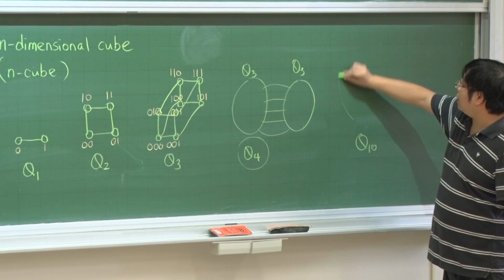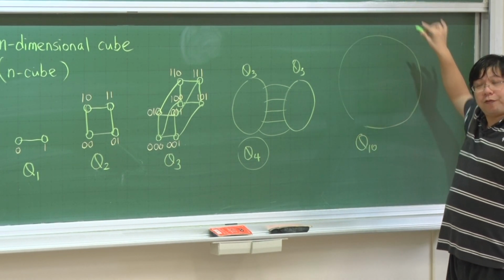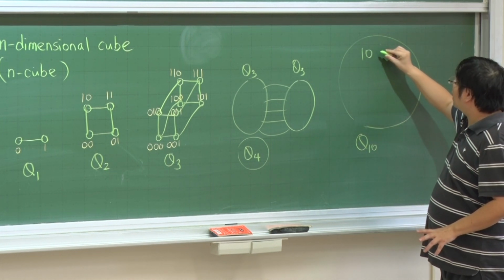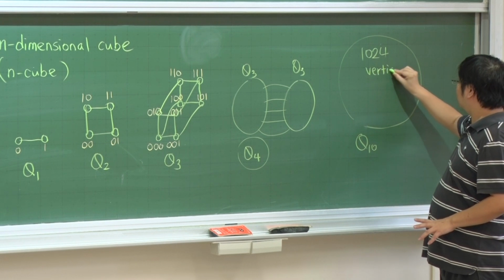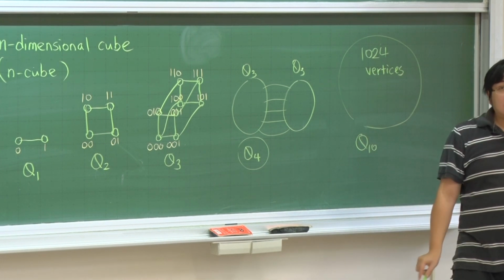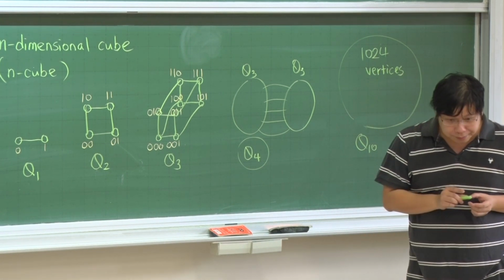Now, with this idea, if you have Q10, you will have a very large graph with 1024 vertices. Am I correct? With 1024 vertices.